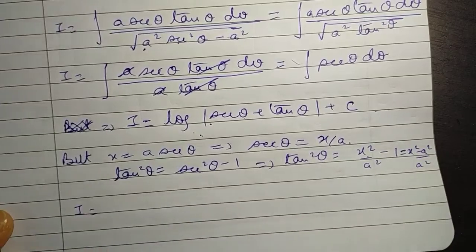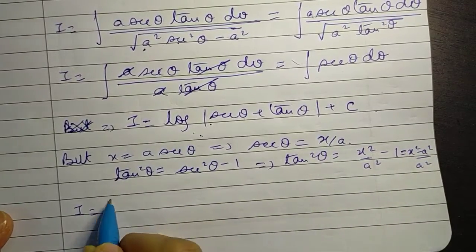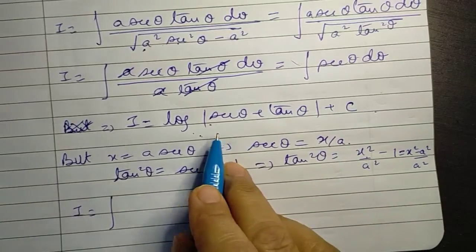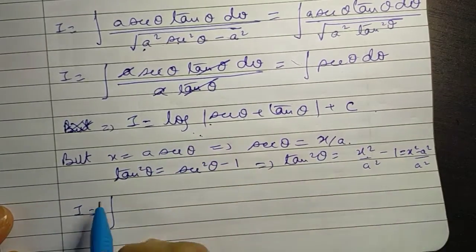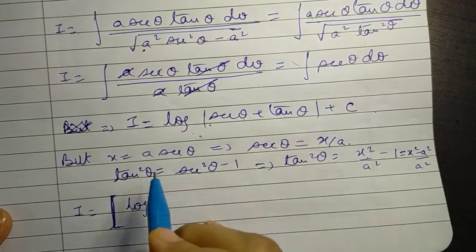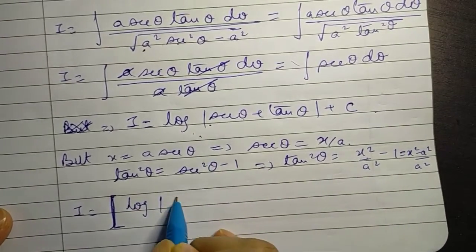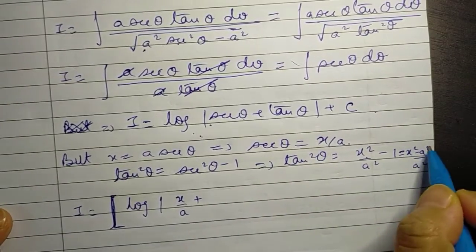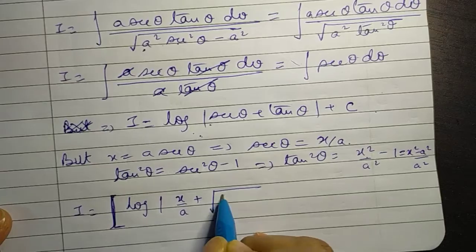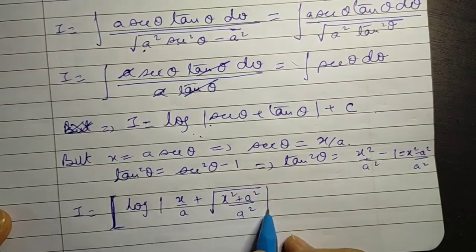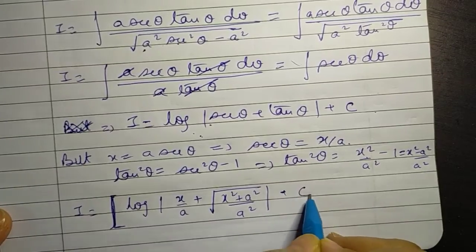So what we get is I is equal to, the integral is already solved, so we have log of, in place of sec theta we'll write x upon a, plus in place of tan theta we'll write square root of x squared minus a squared over a squared, plus a constant.